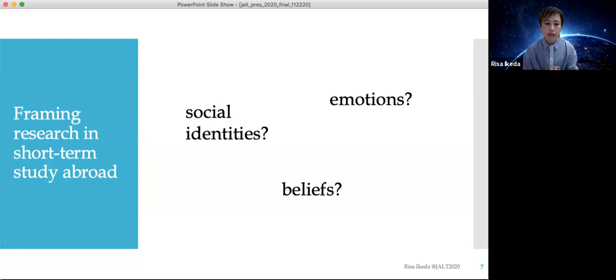But a lot of the case studies that take a qualitative approach focus on more advanced learners, or they go longer term, or they're immigrants. It's more an essential part of their lives, this change. And so the studies, for example, focus on social identities. While I like this approach and resonate with it, it didn't quite fit my students.